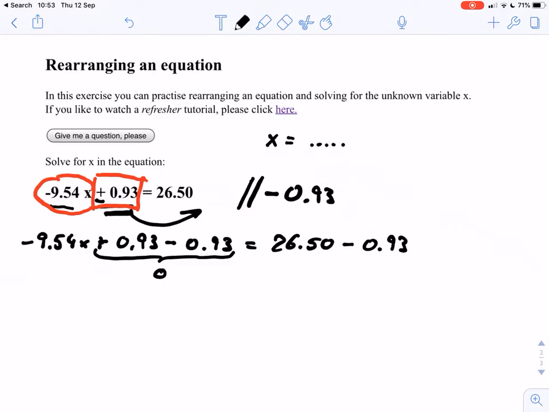So what we have on the left hand side of the equation is minus 9.54x equals 26.50 minus 0.93, and this would give us, if we do our calculation correctly, this gives us 25.57 in this case.